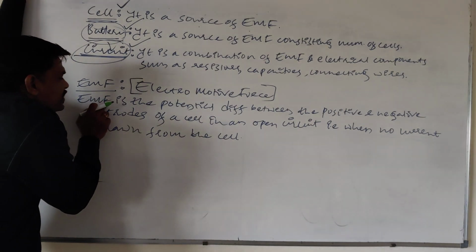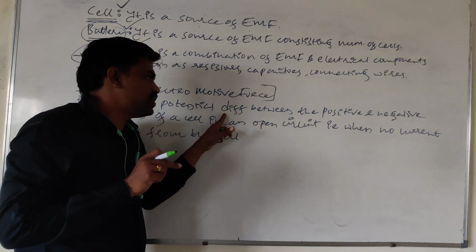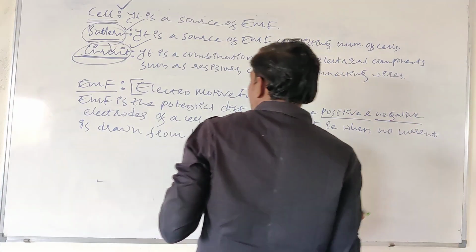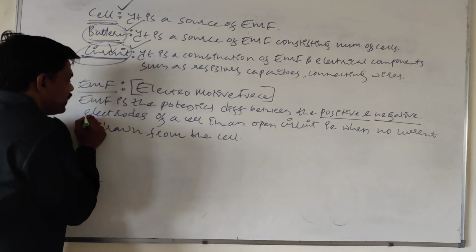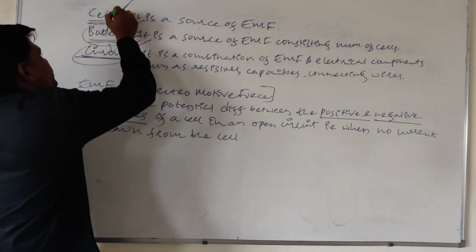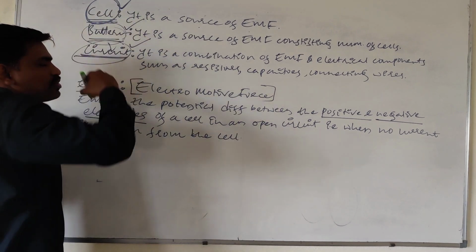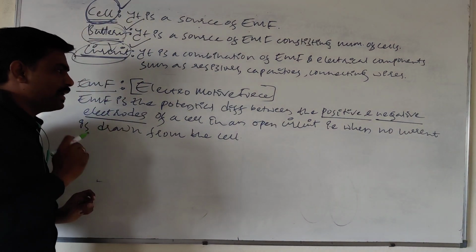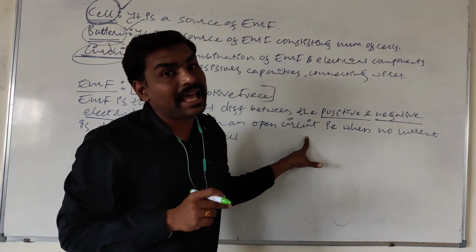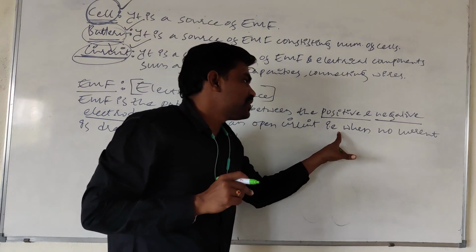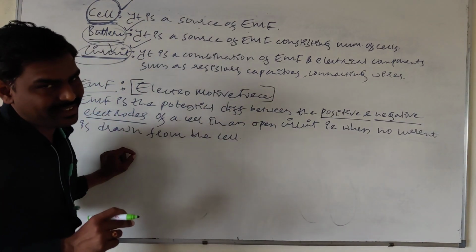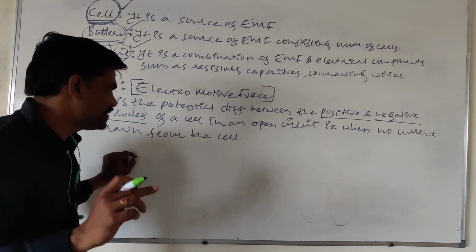See here, this EMF is the potential difference between the positive and negative electrodes of a cell in an open circuit. That is, when no current is drawn from the cell.